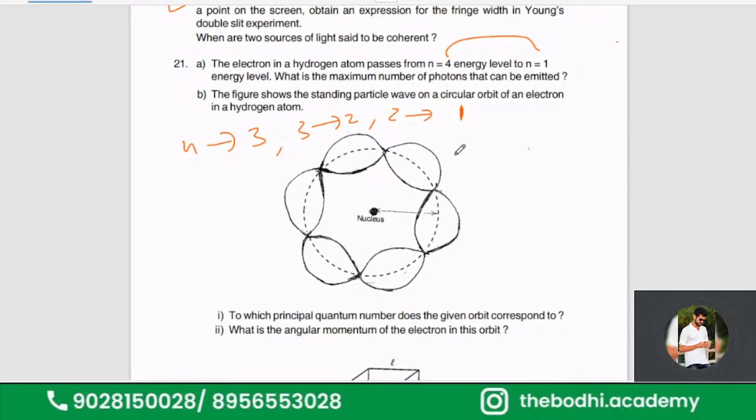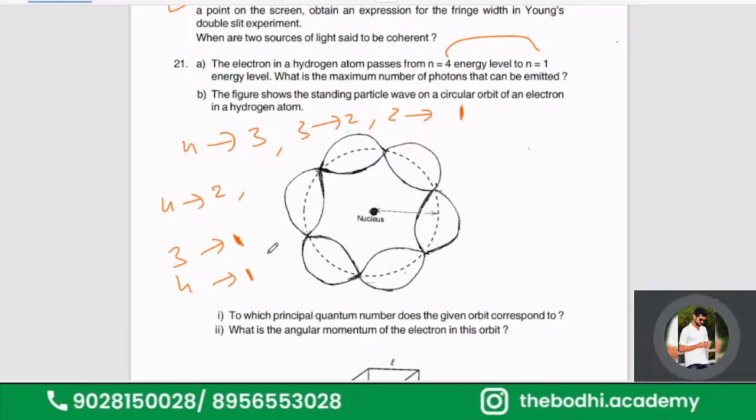This is one case. Or it can go from 4 to 2 directly. Or from 3 to 1 directly. Or from 4 to 1 directly. All the possible transitions.